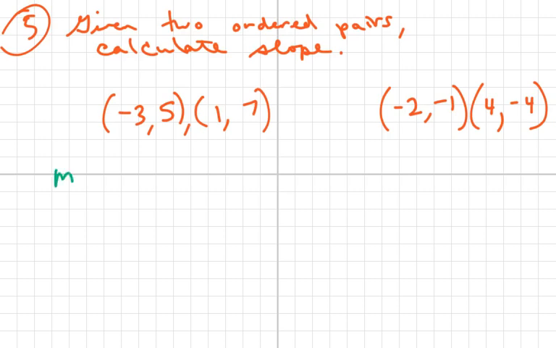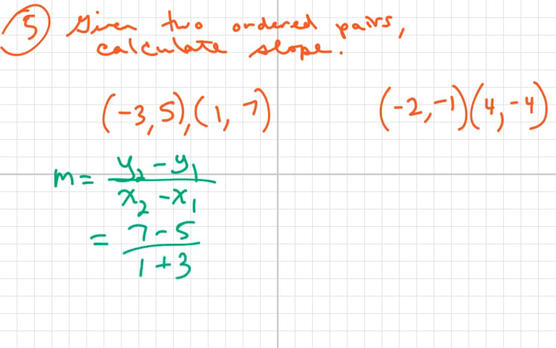So we know the formula, m is slope, equals y2 minus y1 over x2 minus x1. So we have 7 minus 5 over 1 minus -3. And that's 2/4, which simplifies to 1/2. And then the other example, let's label these x1, y1, x2, y2.